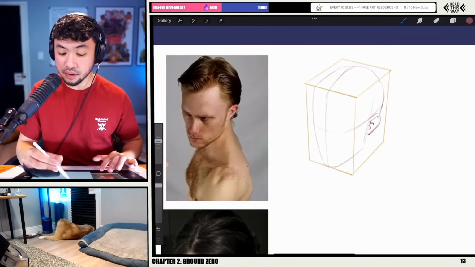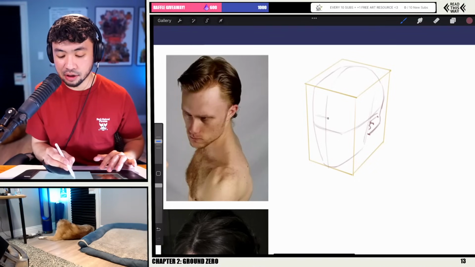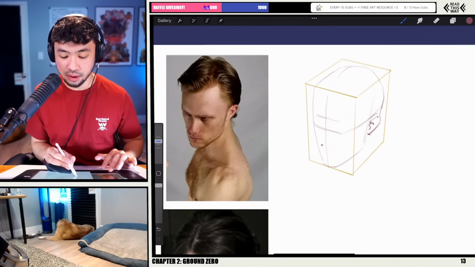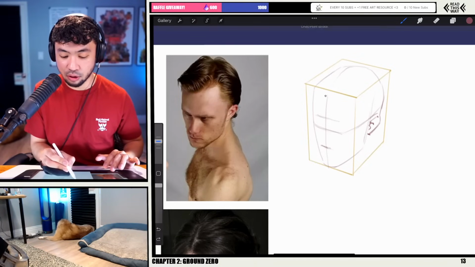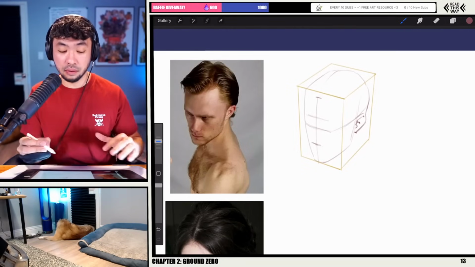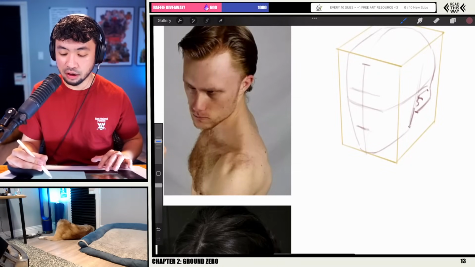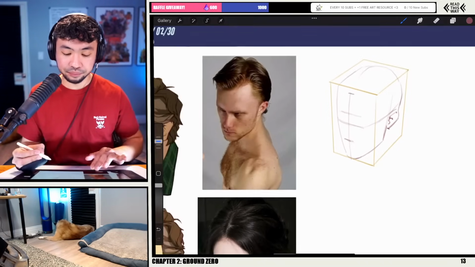Because now that we see this, we can say, okay, cool, the eyes are going to land right here. The brows are going to land somewhere right here. Maybe the nose lands somewhere right here. And then we have that hairline, which lands somewhere right here. And all of those things are going to be in perspective, or at least in the relative perspective that we've established for this face, right?